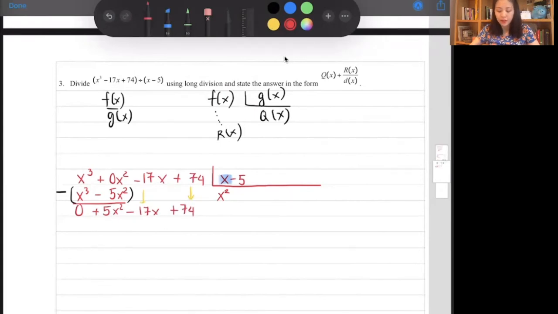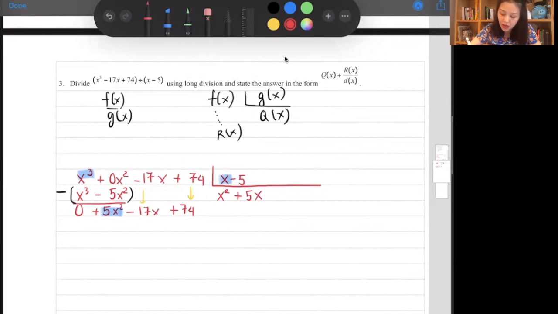And then same thing, right? I'm going to ask myself, what do I have to times x by to get 5x squared? So the answer is 5x. So here plus 5x. And then I'm going to multiply 5x into every single term of the divisor.